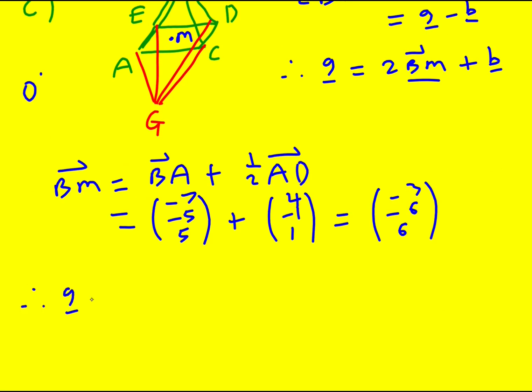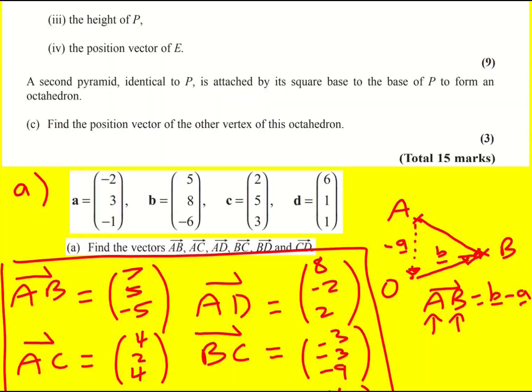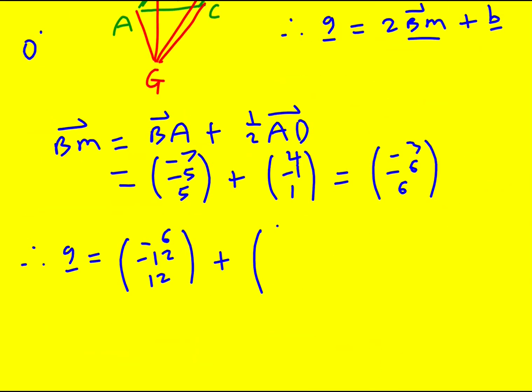Therefore, G will equal 2 lots of that. Minus 6, minus 12, 12. Plus my position vector for B, which I have not got written down. So 5, 8, minus 6. And therefore, I'm going to get minus 1, minus 4, and 6 as my answer.